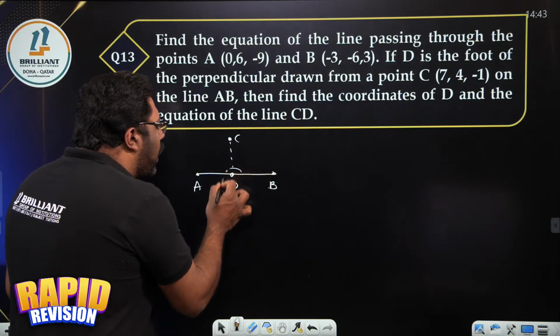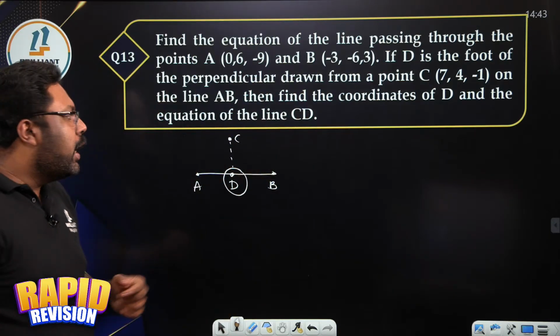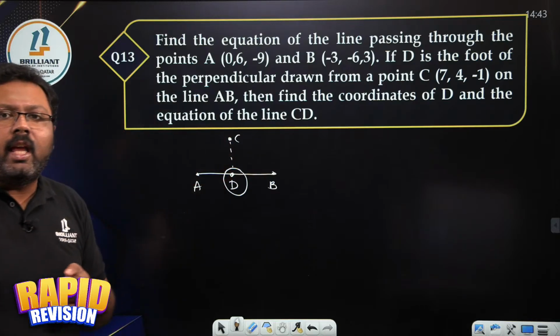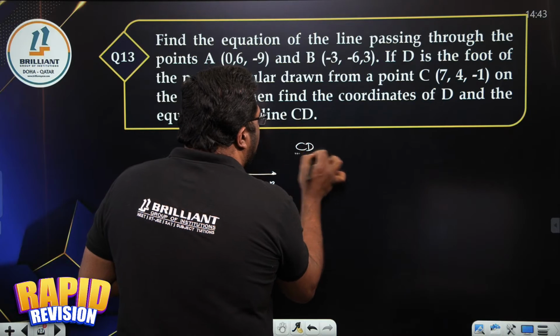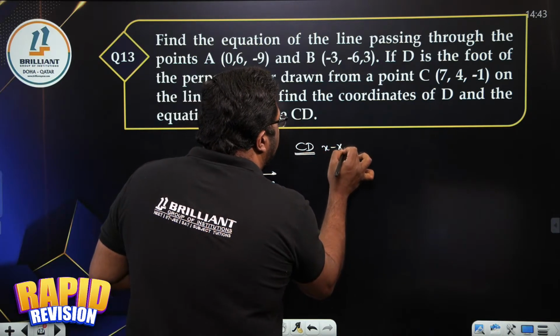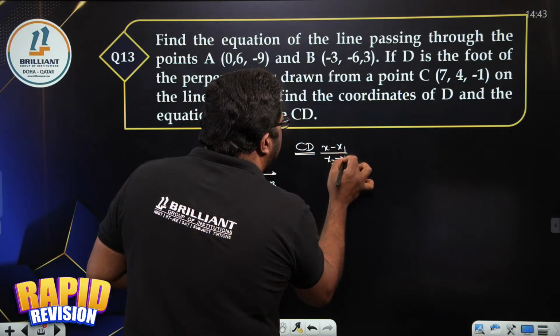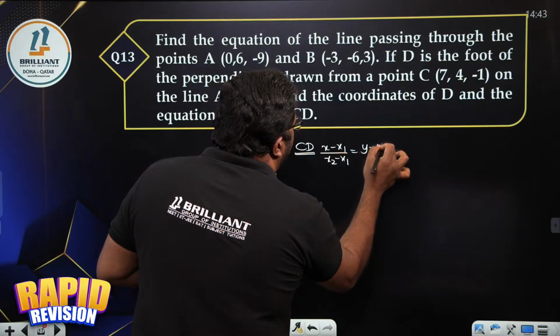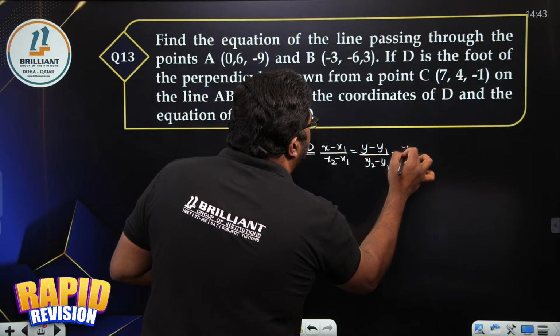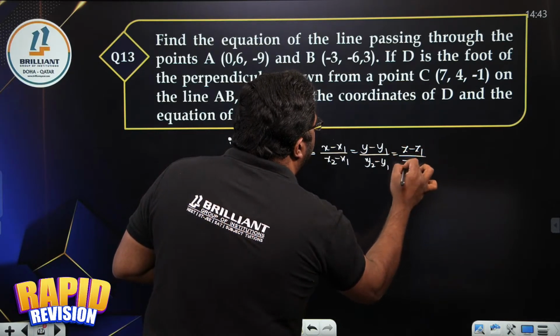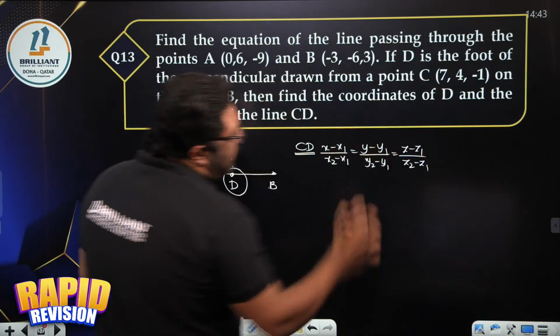You know how to find the coordinates of D, the foot of the perpendicular. Now you have 2 points C and D. You can find the equation of line CD as x minus x1 by x2 minus x1, y minus y1 by y2 minus y1, z minus z1 by z2 minus z1.